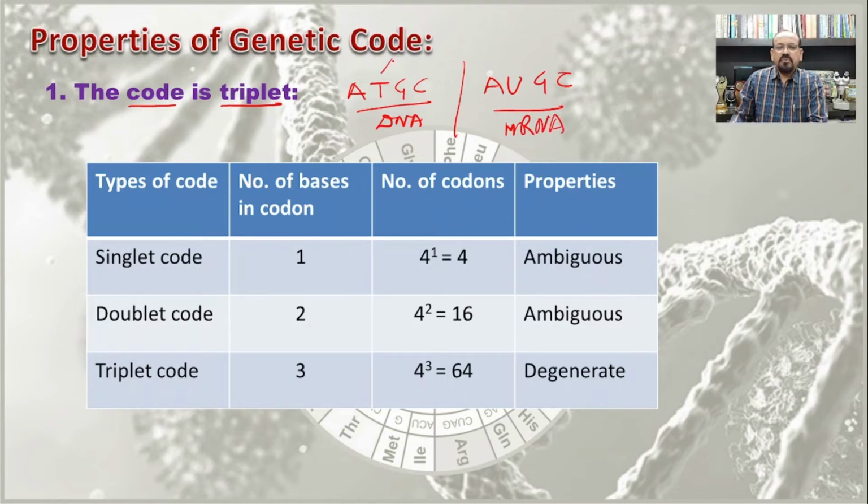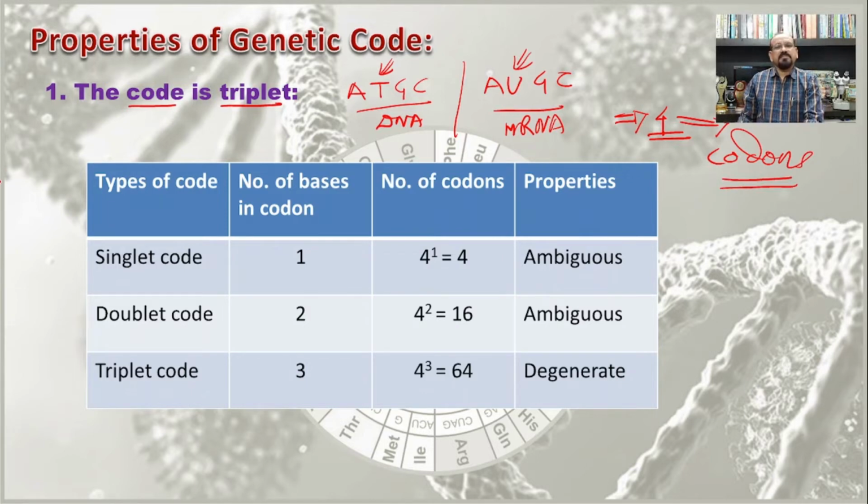Already I told you the difference between the nitrogen bases present on DNA and RNA: thymine is present in the DNA and uracil is present in the mRNA. It means that we have only 4 nitrogen bases, and these are responsible for the formation of all types of codons.